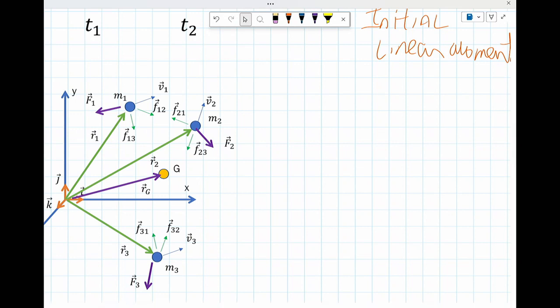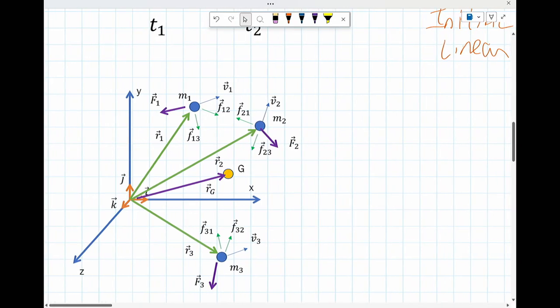So what happens if you have a system of particles that you're looking at? For example here, I have a number of particles, 1, 2, and 3. Into each of these particles, there's an internal force: F32, F31, corresponding F13, F12, F21 to F12, F23 back to F32.